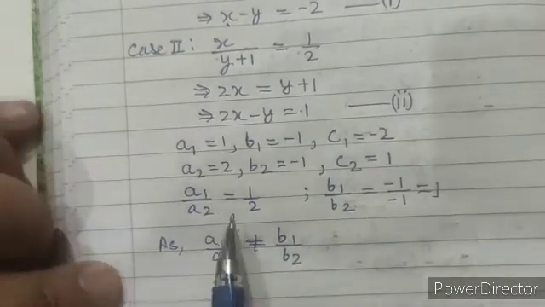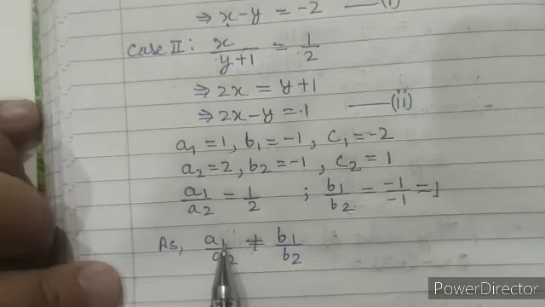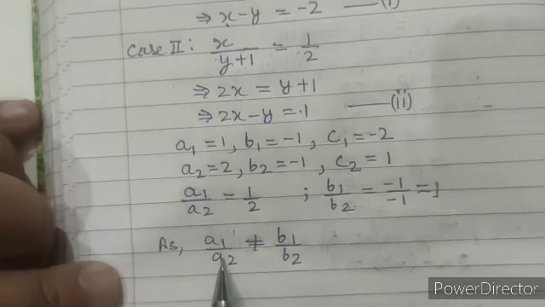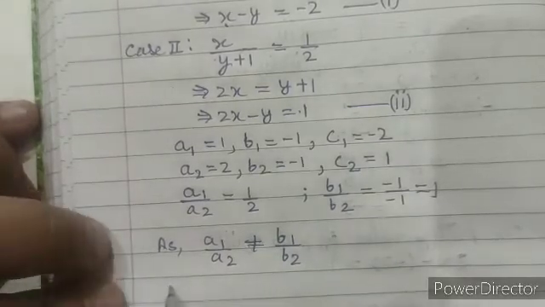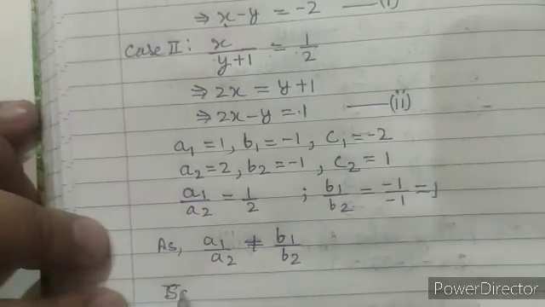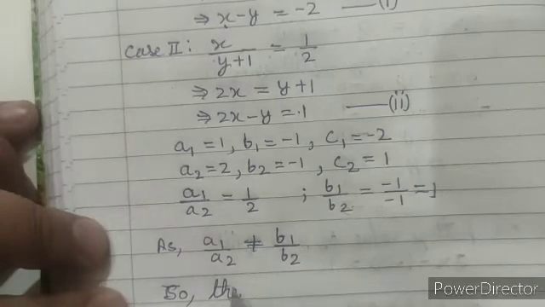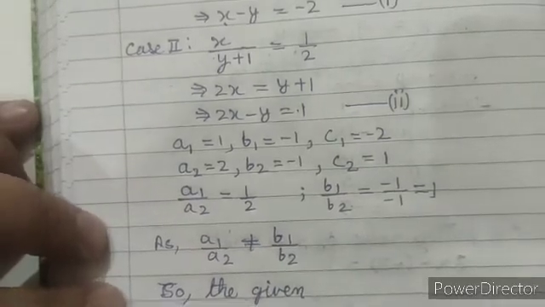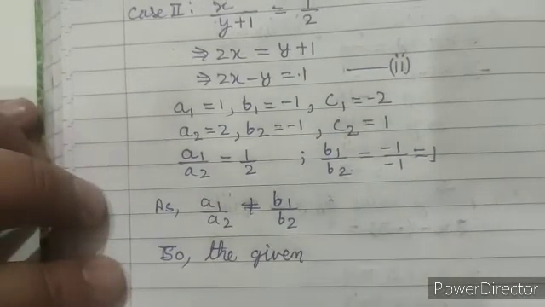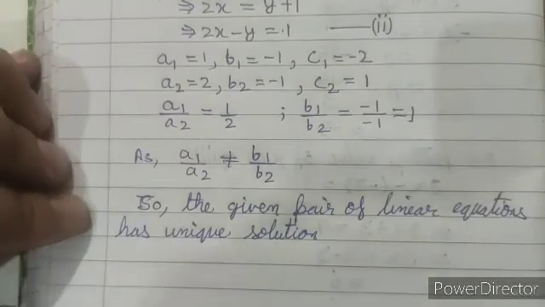Now, if the ratio of the coefficients of x and y are not equal, that means a1 upon a2 is not equal to b1 by b2, then the given pair of linear equations has a unique solution, or exactly one solution.